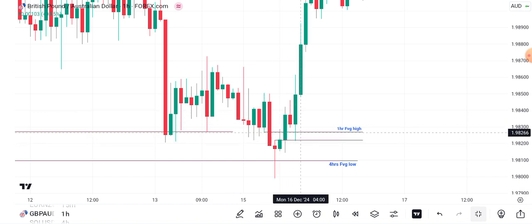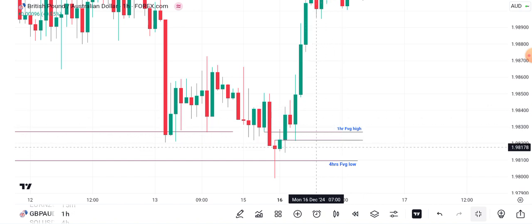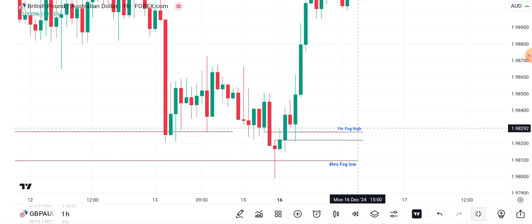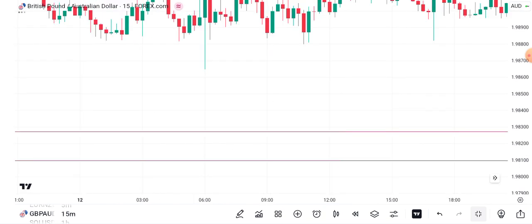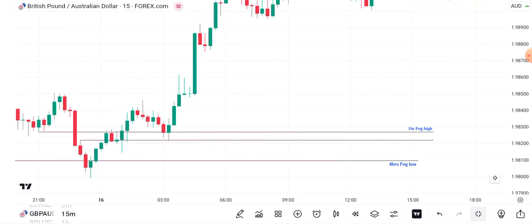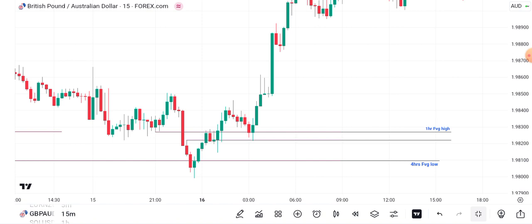Price was going to trade back into it before going higher, having in mind all the confluences, all the factors earlier. Do we understand? So this is 1 hour. Let's check 15 minutes to see if there will be something that would have helped us take the trade better.